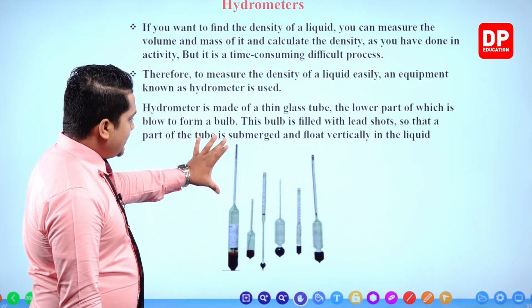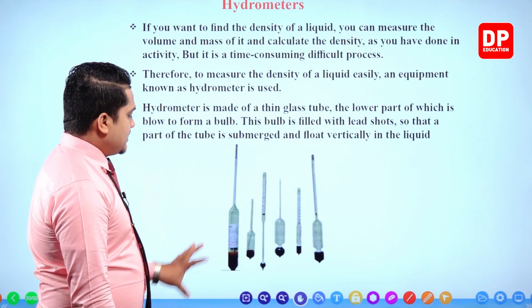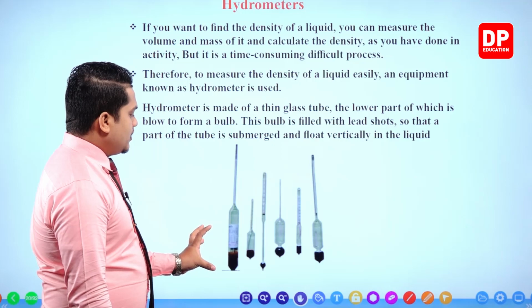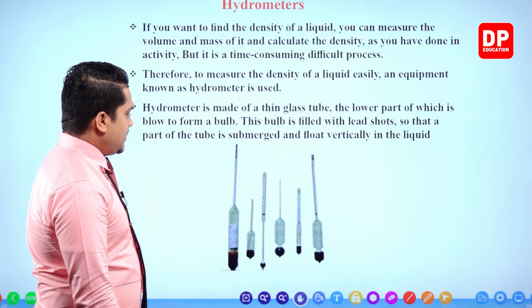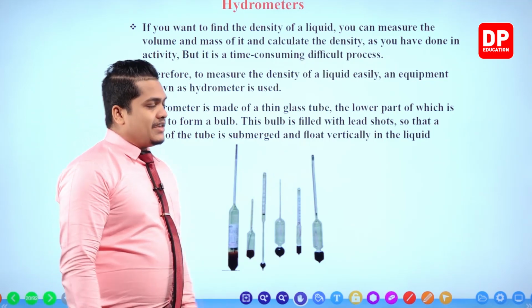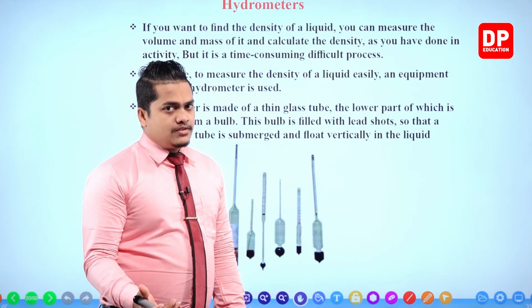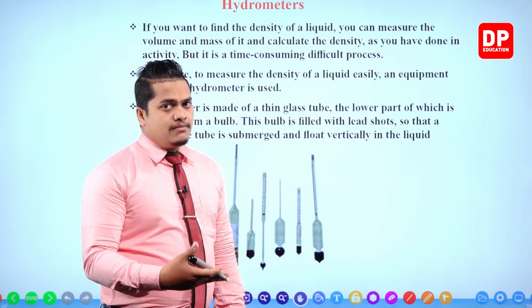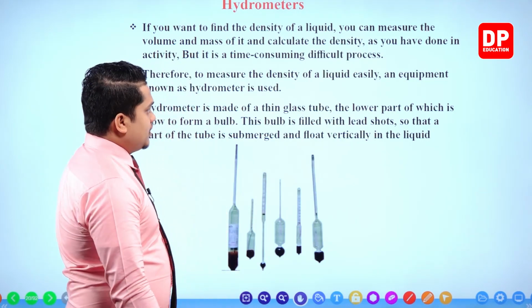The bottom is blown to create a circular bubble-like bulb. Within the bulb, in order to make it heavier, we can observe lead shots or other masses. Usually we use lead shots.